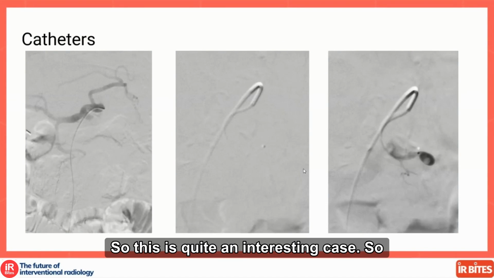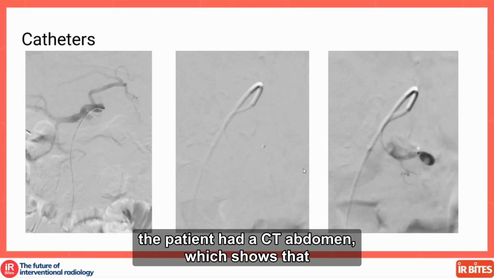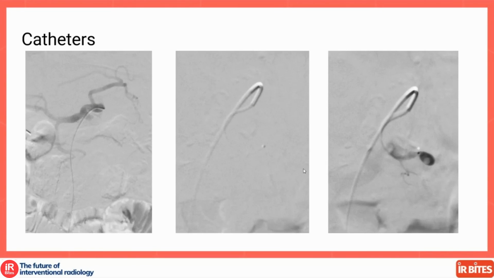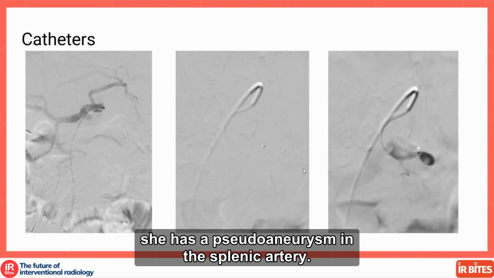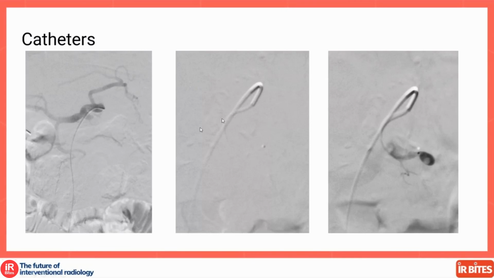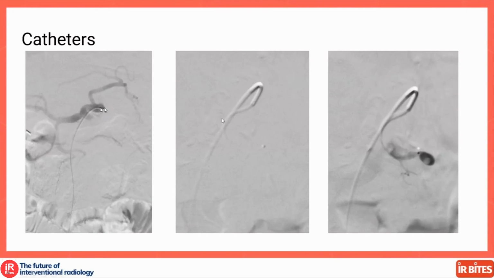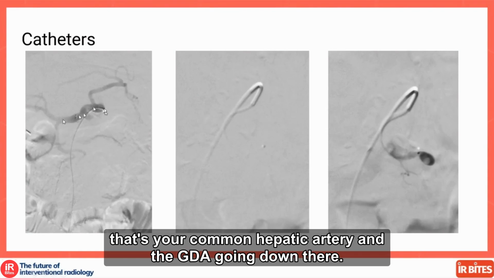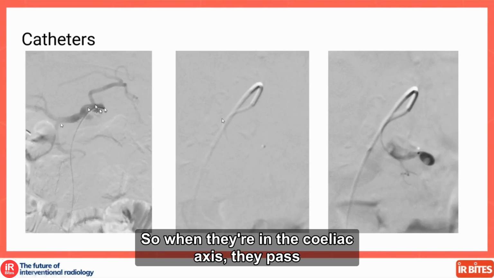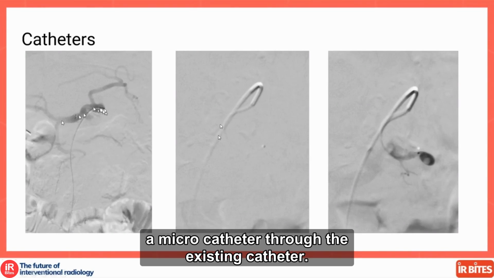This is quite an interesting case. The patient had a CT abdomen, which shows a pseudoaneurysm in the splenic artery. Imagine that's the catheter sitting in the celiac artery there. That's your common hepatic artery and the GDA going down there. When they are in the celiac axis, they pass a microcatheter through the existing catheter.